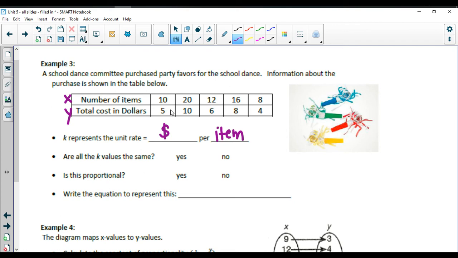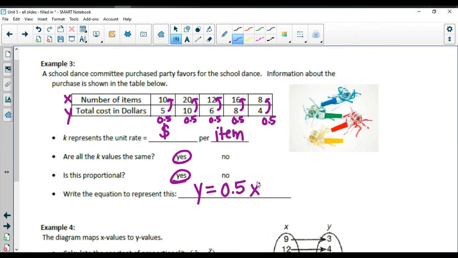So for the first one, we're going to be doing 5 divided by 10, which is 0.5. 10 divided by 20 is also 0.5. 6 divided by 12, 0.5. 8 divided by 16 is 0.5. And 4 divided by 8 is 0.5. So the k values are all the same, so it is proportional, and we can write the equation y equals kx, only replacing our k with the actual number that we found, that 0.5.